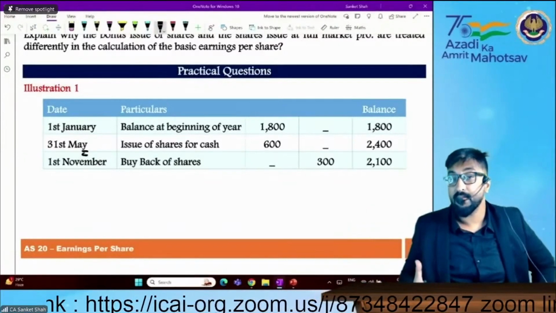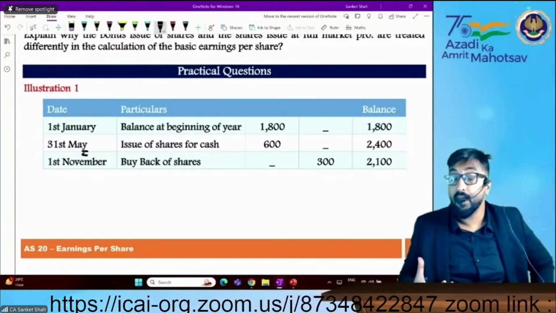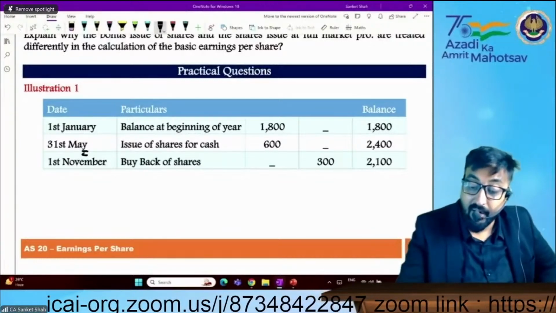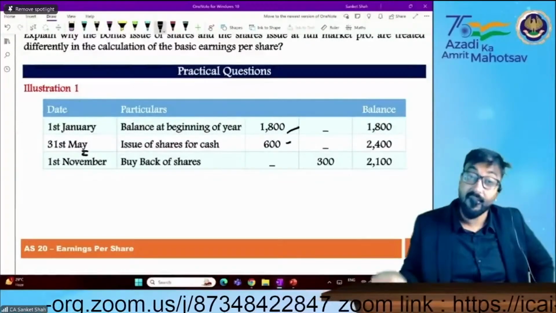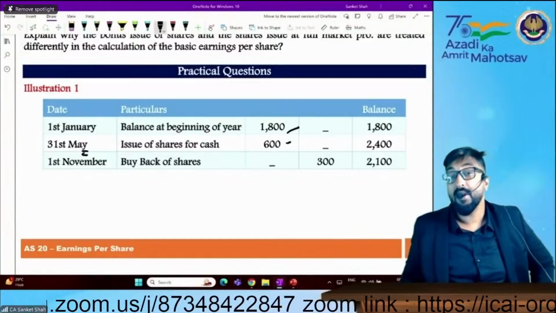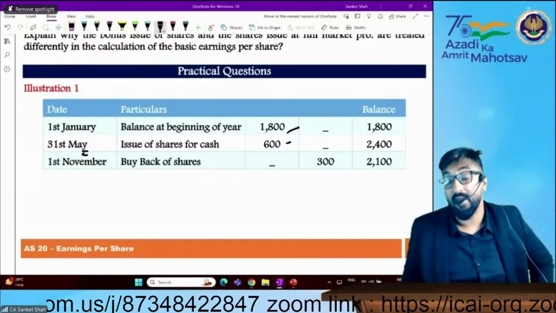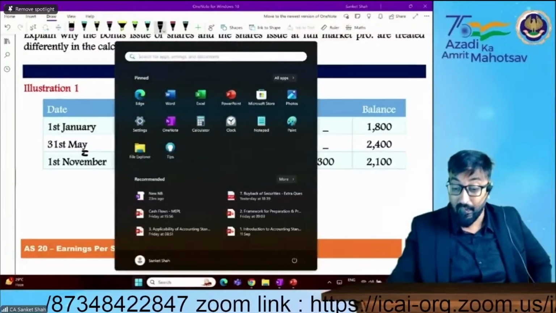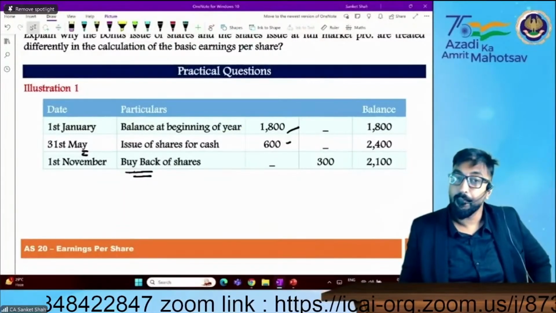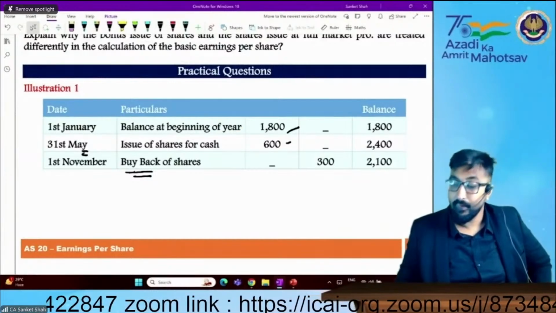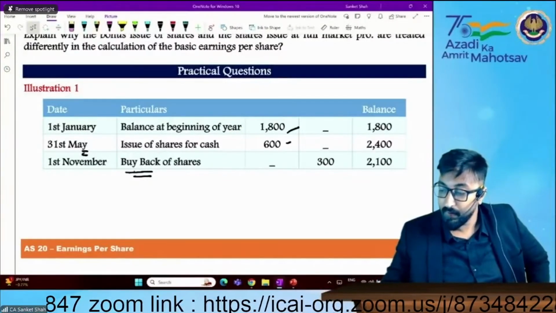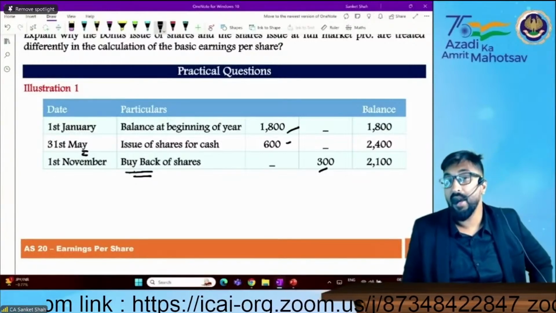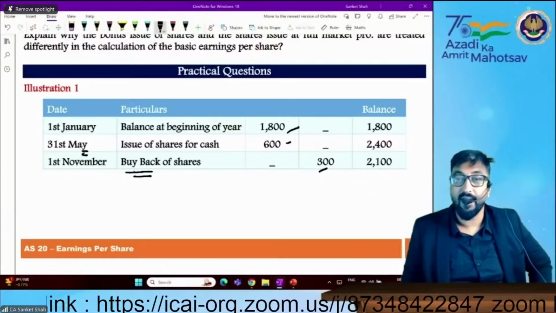Bought back means the company has taken these shares from the shareholder. 1800 already issued, 600 now the company issued, and 300 the company has taken from the shareholder. There are rules for buyback; we have a separate chapter. So 300 shares we bought back and we are left with 2100 shares.